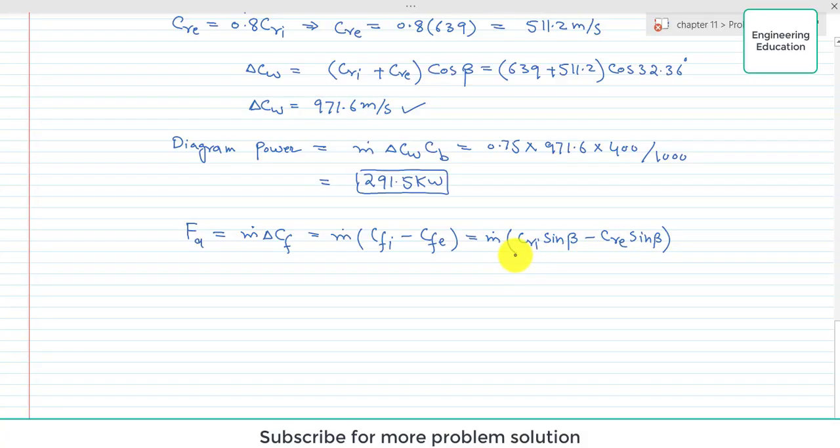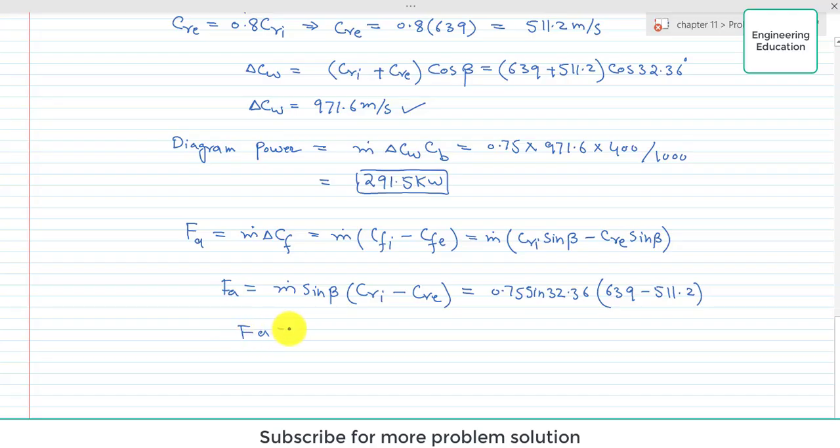By applying the trigonometric expression, FA is equal to m dot sin beta into CRI minus CRE. So putting the values, m dot is 0.75, beta is 32.36, and CRI is 639 minus CRE is 511.2. So simplifying this, we get the value of axial thrust, which is equal to 51.3 Newton.